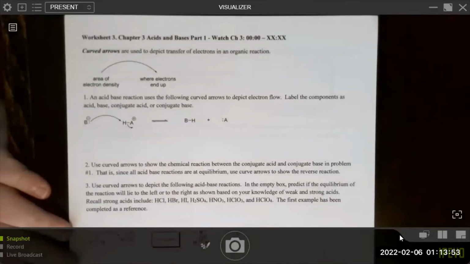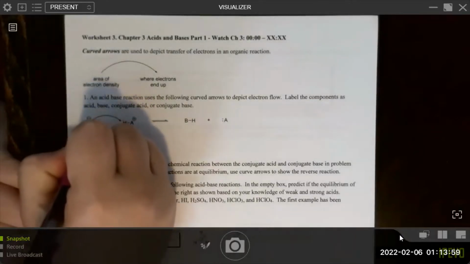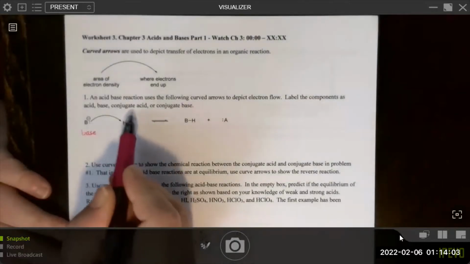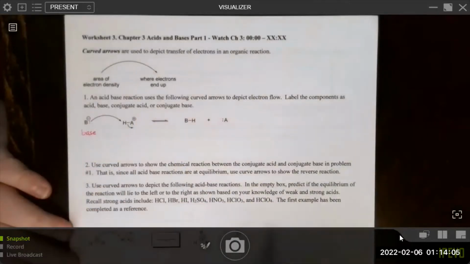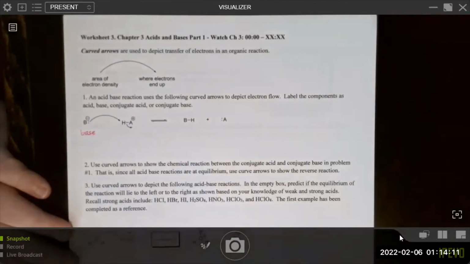And this is the Bronsted-Lowry definition of an acid and base. Okay, so we're going to label this the base because it is taking this proton from this acid, and the acid loses the proton but keeps the electrons in the bond to that proton, which is the nucleus of a hydrogen atom.